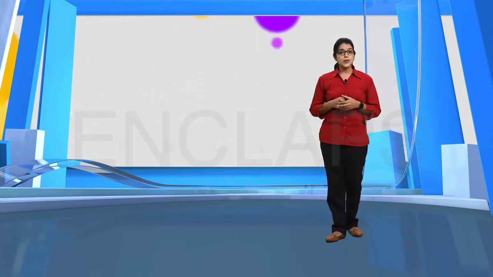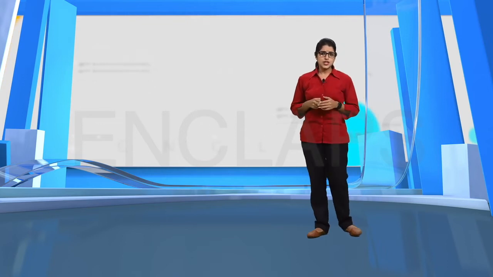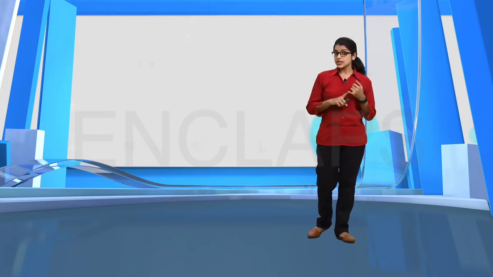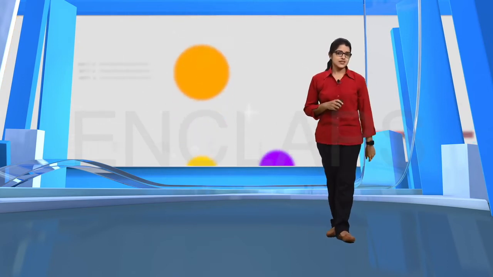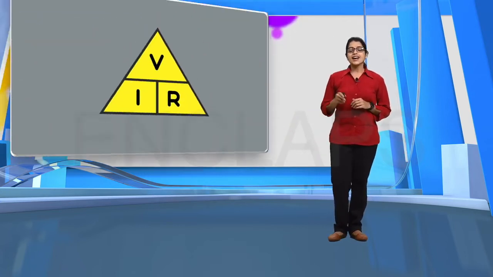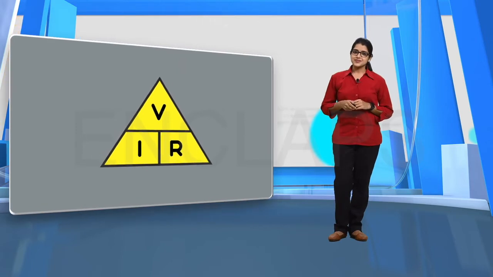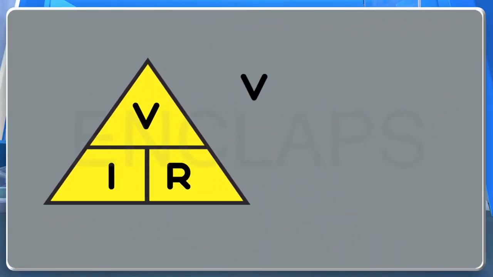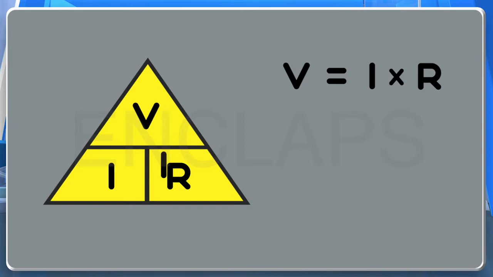According to Ohm's law, here we have three equations that connect the potential difference, current and resistance. A very easy method to remember this formula is the Ohm's triangle. If V is to be found out, the remaining are I and R. Look at the line between them. It comes out to be V is equal to I into R. If we need to find I, just look at the line between them.